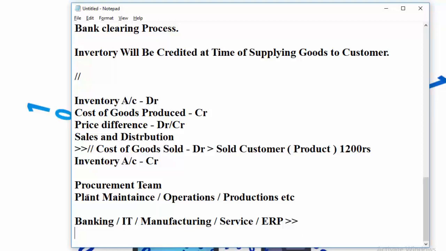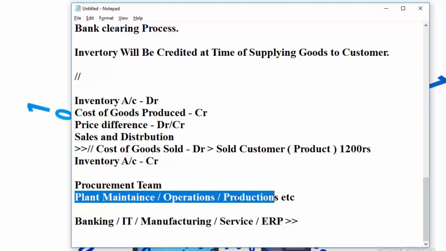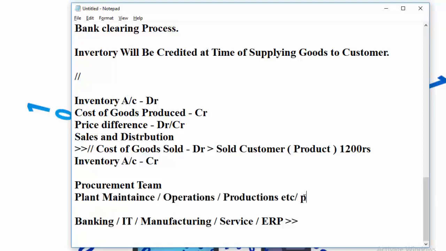Even when you are working in organizations, there could also be a projects team. Whatever knowledge you get will be very specific or limited to the department you work in. Like if you are working in a procurement team, most of your knowledge will be limited to what is happening in the procurement team and this procurement cycle.